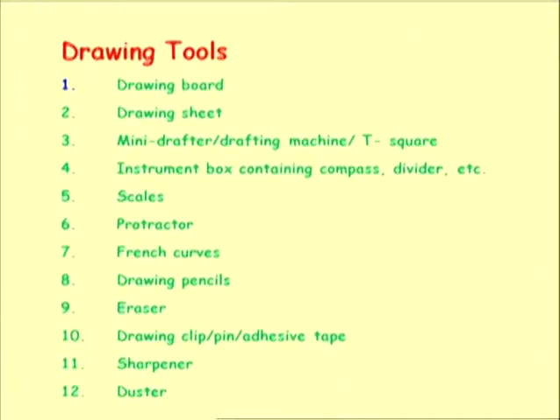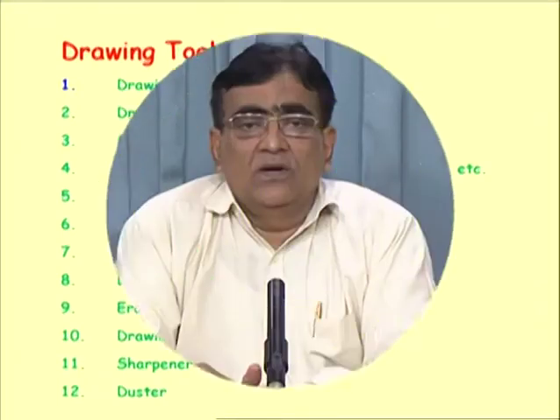Then instrument box containing compass, divider. At the school level in geometry, in the 7th, 8th, 9th and 10th standard, you must have used the compass, divider and protractors. All these equipments will be useful here also. Then different types of scales are available. Either you can use the scales, or you manually convert the actual ground distance into the paper distance.